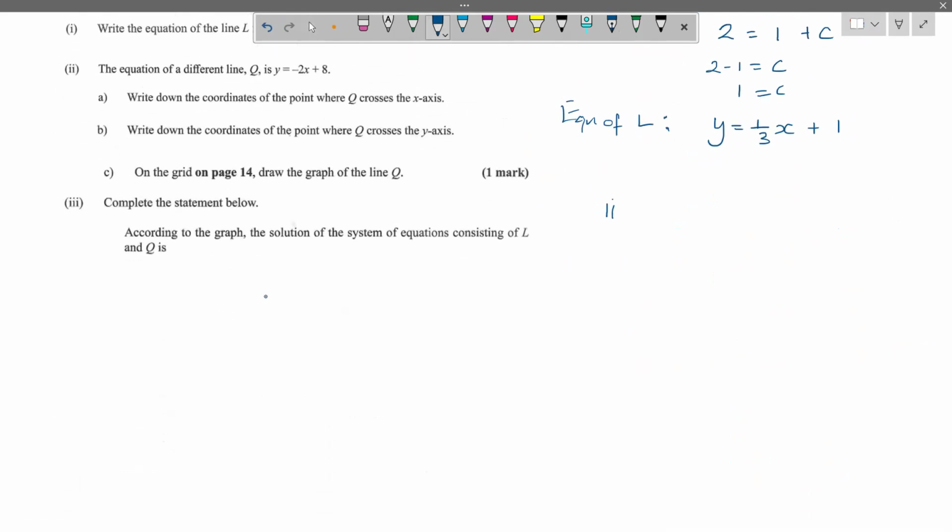Once it crosses the x-axis, that is our x-intercept. Remember I said the x-intercept happens when y is equal to 0. So if we have the formula in the form y is equal to mx plus c, such as this, we put y is equal to 0 here and solve for x. Moving the 8 across, you get negative 8.